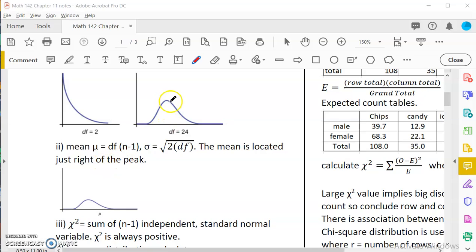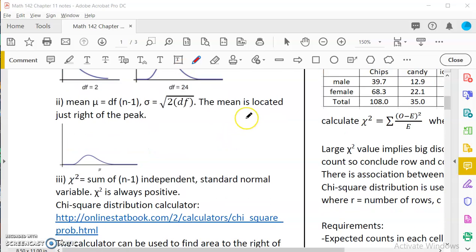So the peak is not n minus 1, but just around here. Here you have degree of freedom 24, so you will not expect to see 0, 1, 2, 3. Because it's right skewed, your tick marks are not symmetrical. So it is very different, and the x-axis is just whole numbers.